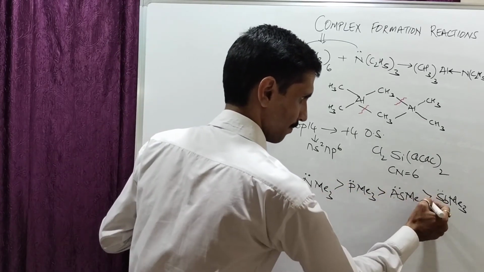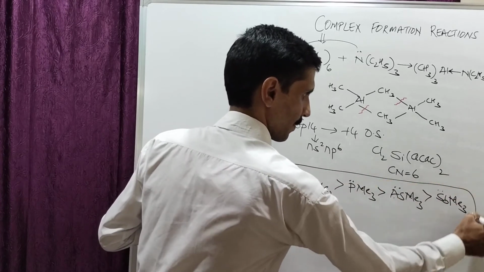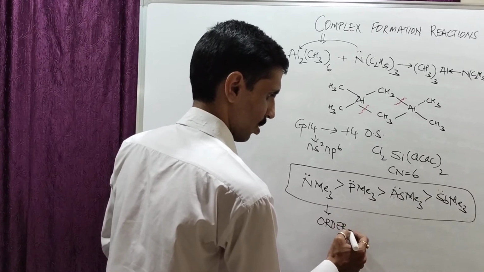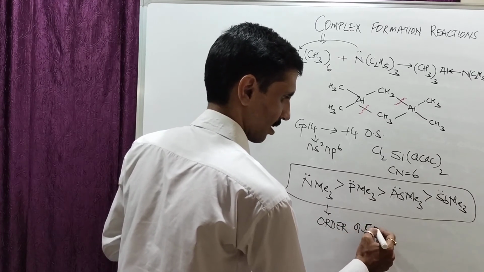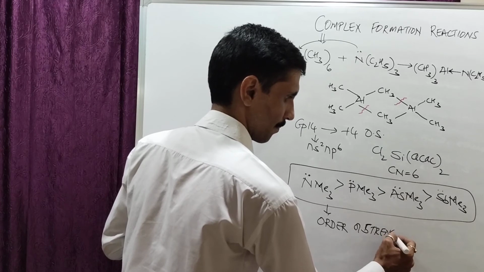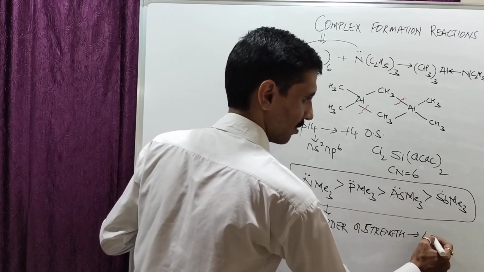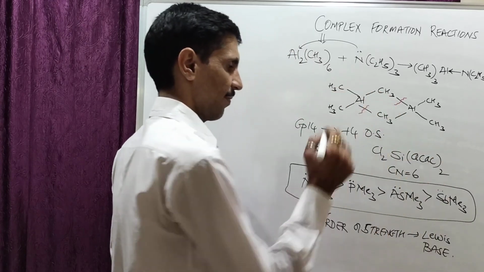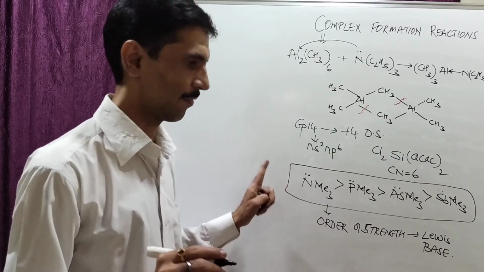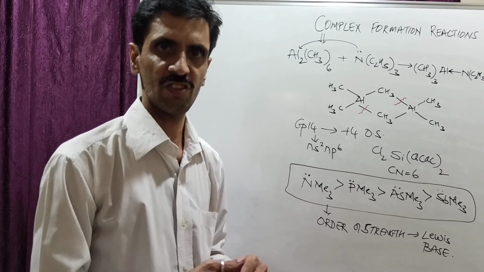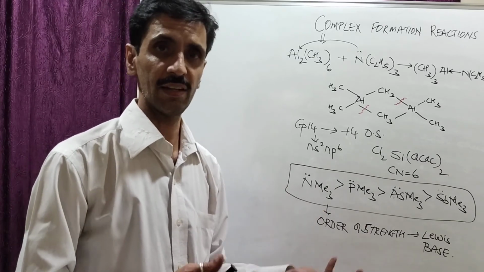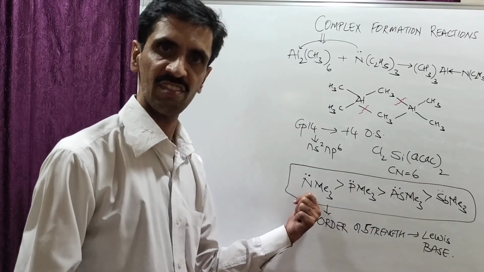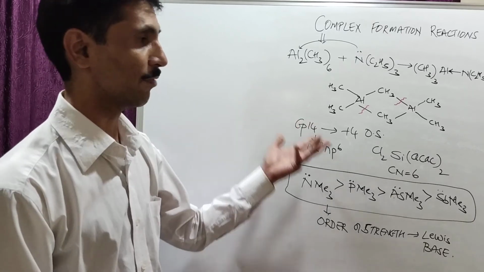And therefore this becomes the order of the strength of the Lewis base. When we are going for comparison, my dear friends, always remember this: NMe3 will have the highest tendency to give away electrons, and therefore it is going to be the strongest Lewis base.